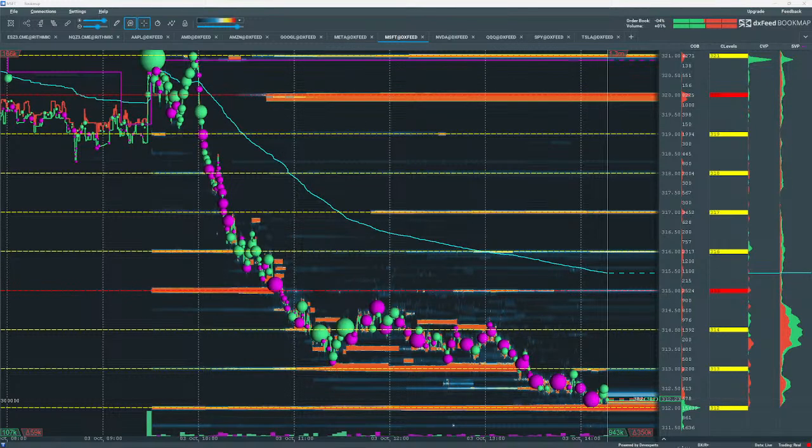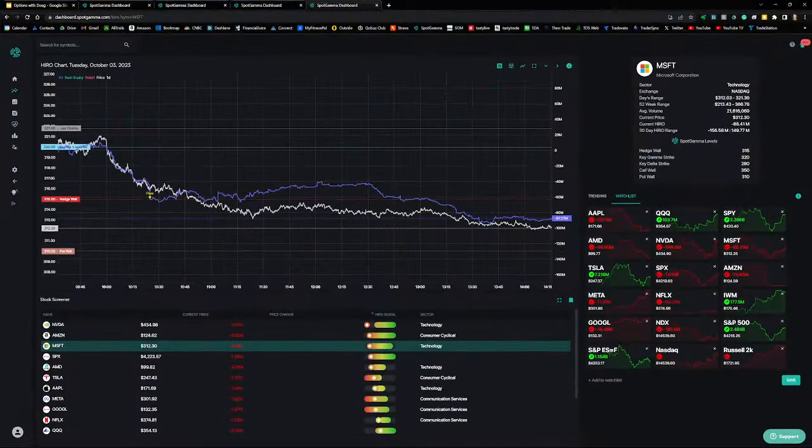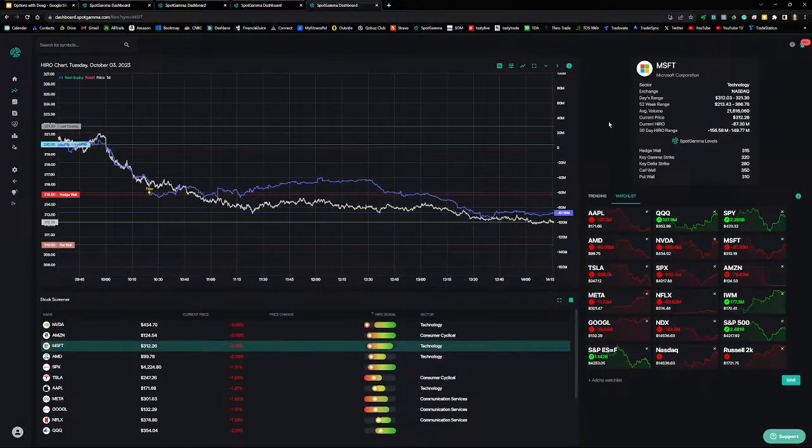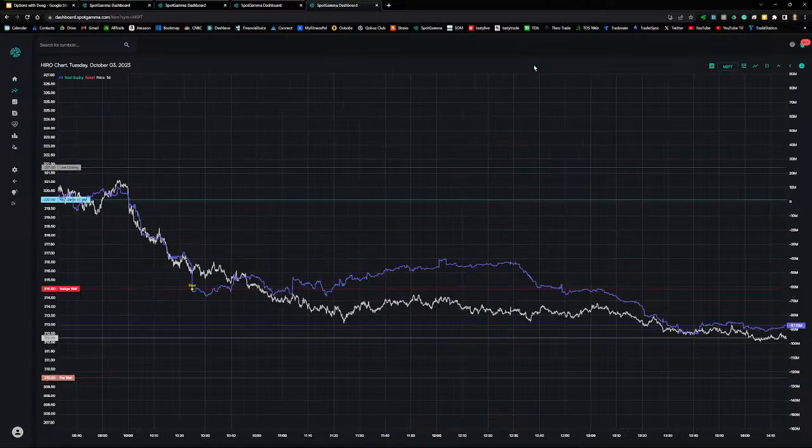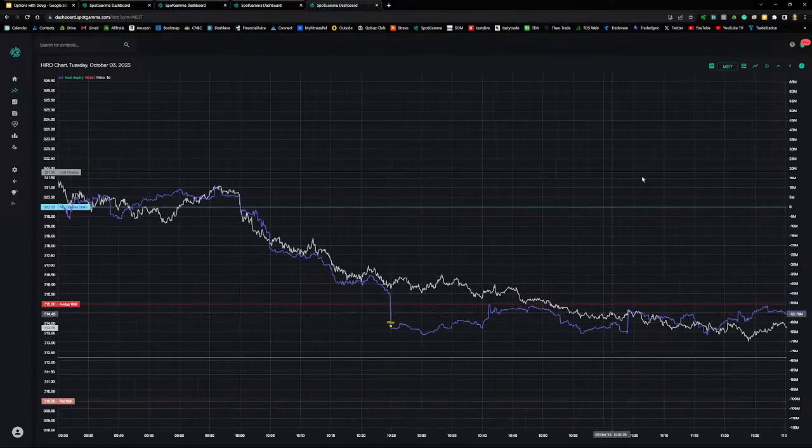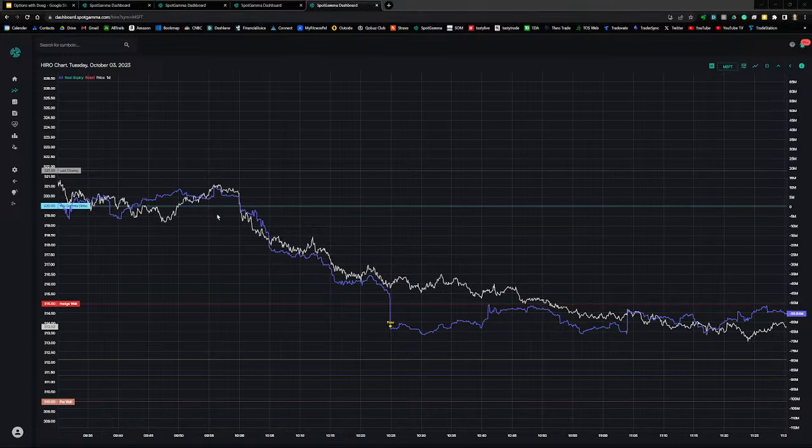Let's take a look at Hero. Let's zoom in on this. So really up until about 10 a.m., looking at this chart, price was essentially flat, moving up and down around the 320 level, and then just after 10 a.m. price dropped as traders were taking negative delta positions.